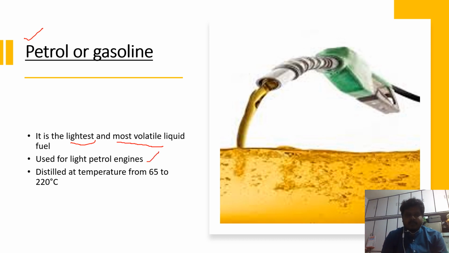As we discussed in the previous slide, we have to separate the petrol from crude oil at a different temperature and particular pressure by using a distillation process. So, generally, petrol is distilled at a temperature range from 65 to 220 degrees centigrade.